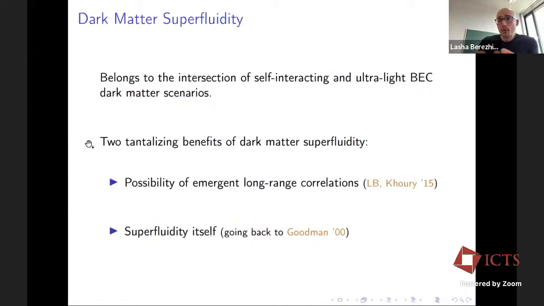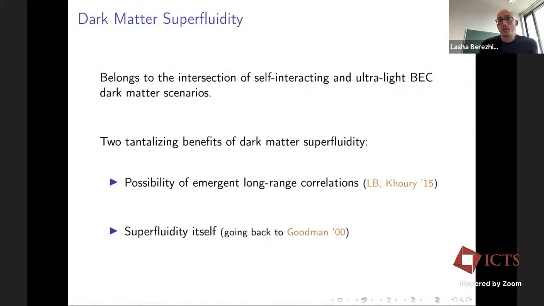And superfluid dark matter is right in the middle of these two. It is motivated by the following points. For me and my collaborator, Justin Khoury, we started thinking about this because of the possibility of having environmentally emergent long-range interactions within galaxies, which I will talk about.